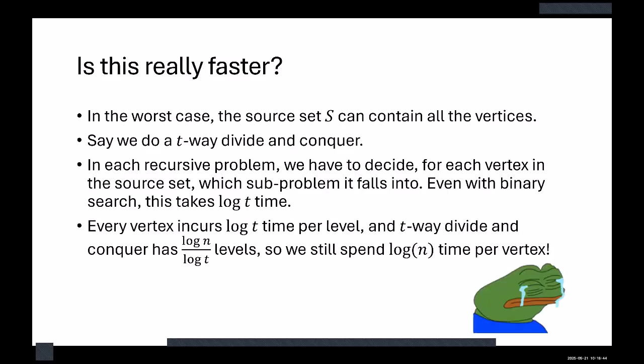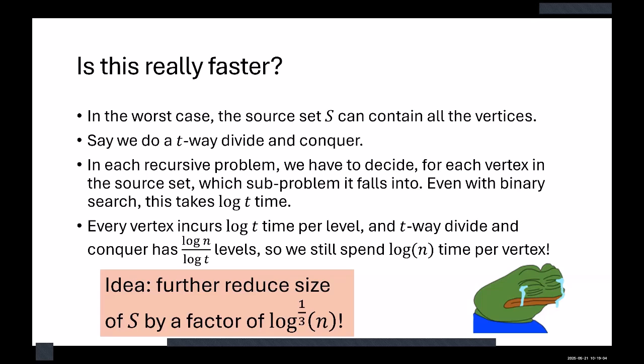And then unfortunately every vertex incurs log T at every level, and because it's a T-way divide and conquer, there are log n over log T levels. So very sadly, we still spend log n times the number of vertices, and if S contains all the vertices, the running time is n log n. So this is not better than Dijkstra.